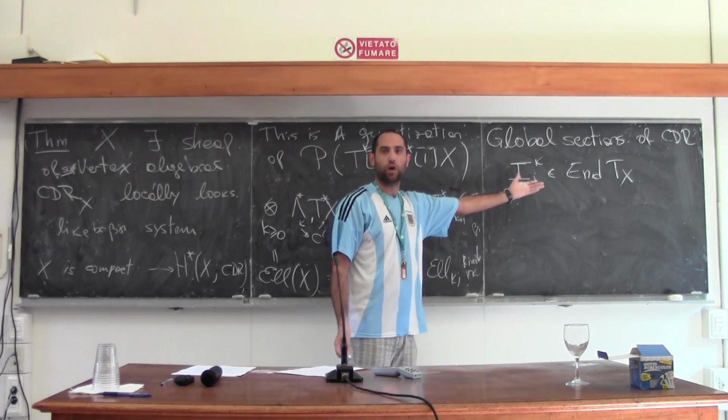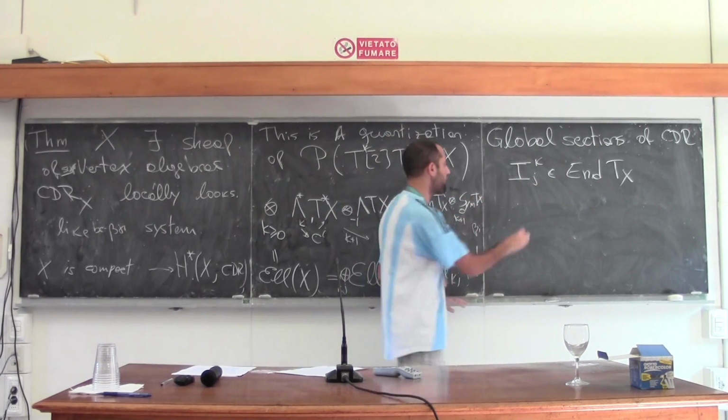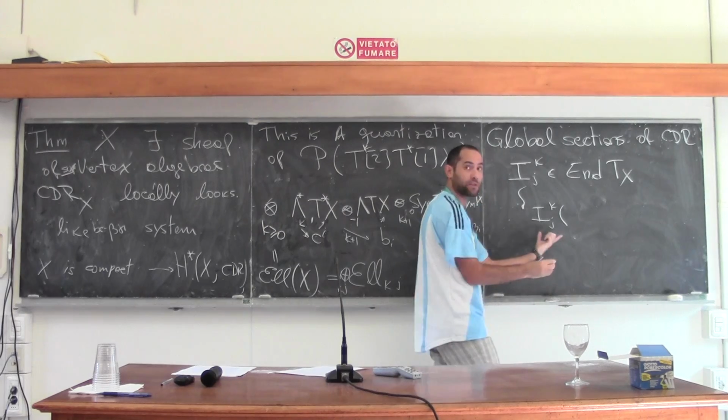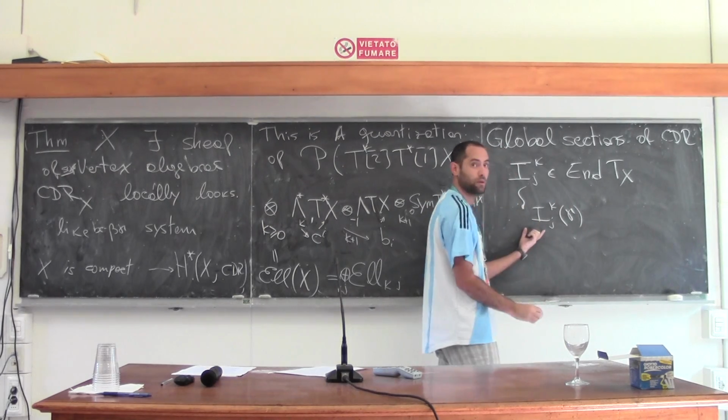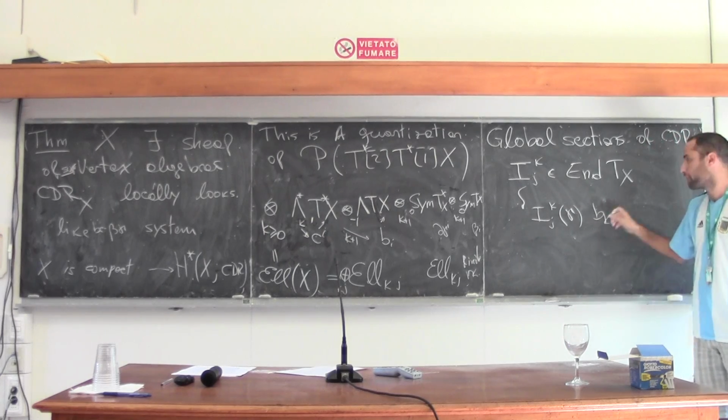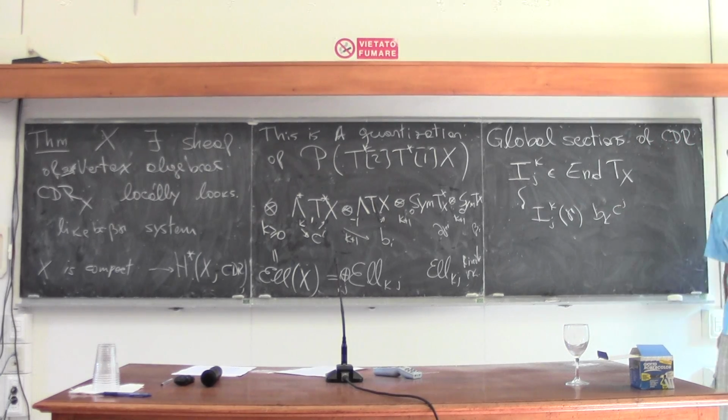So what is the natural object that we associate in a local system of coordinates to this? I'll just give you I^j_k. This depends on the coordinates, γ. And now I will contract with the natural objects. b_k changes as a vector field and c^j changes as a differential form.